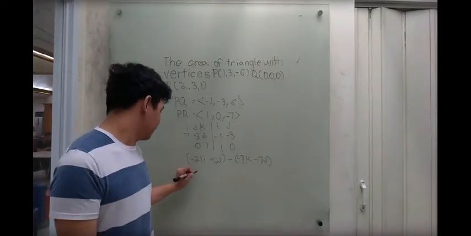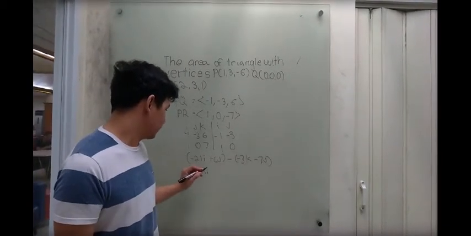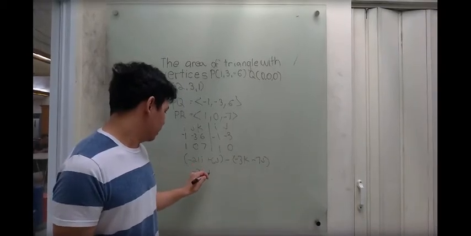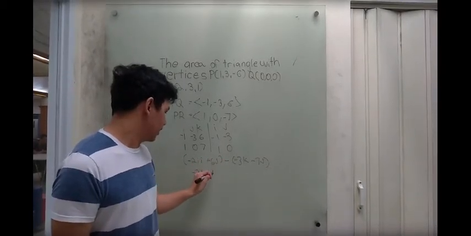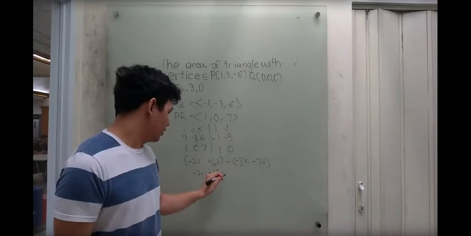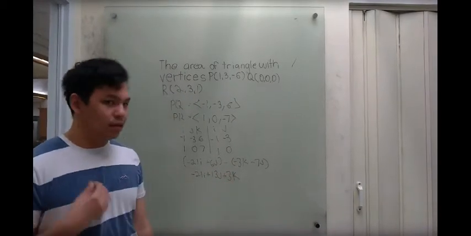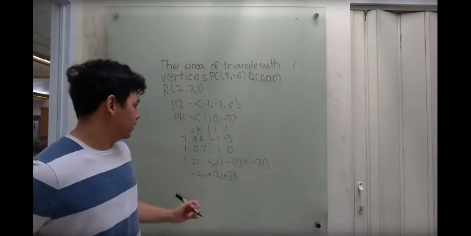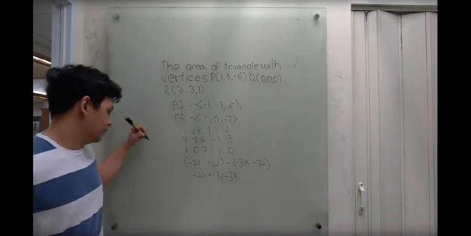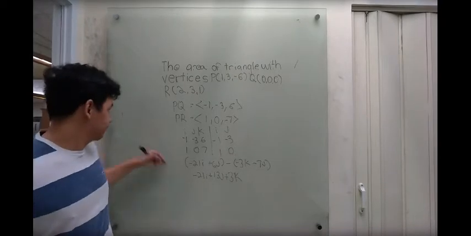In this equation, we're going to get 21i plus 13j plus 3k. The next step is we're going to get the magnitude of this equation.